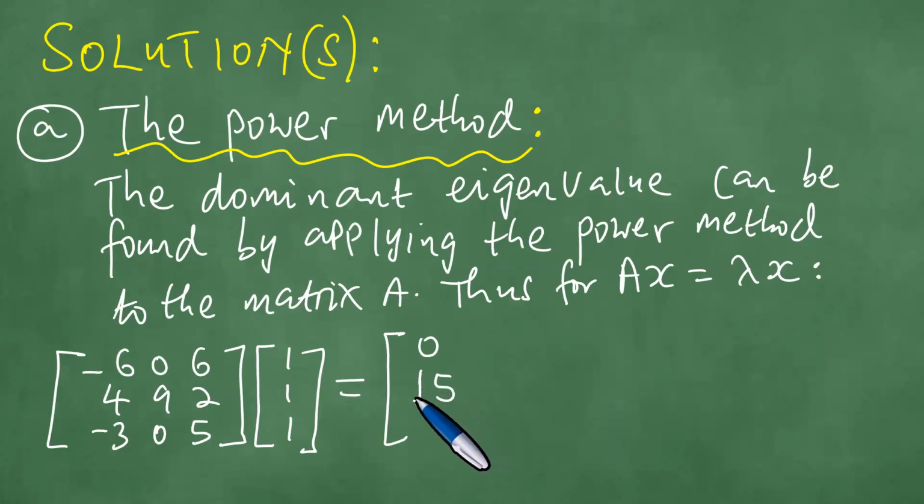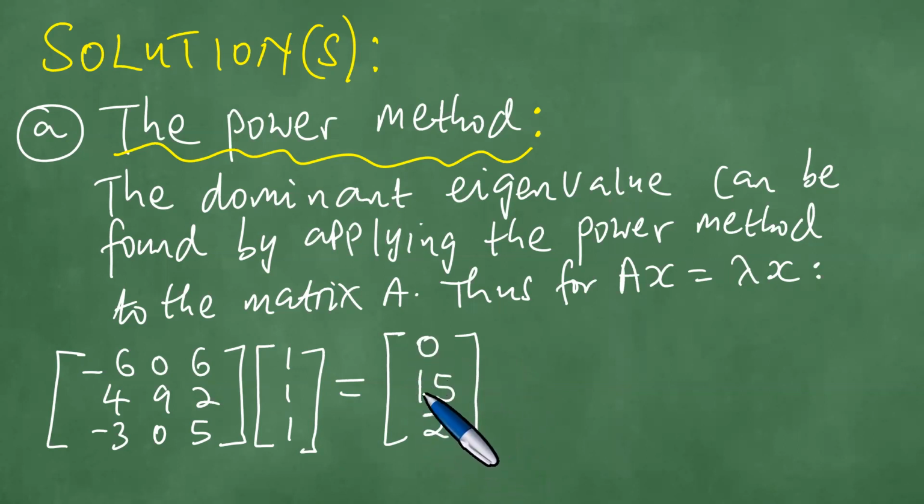So this one gives us 15. The next thing is you do this row by this column multiplication, so that you have minus 3, 0, 5, and this is exactly 2. So we have a 2 here.